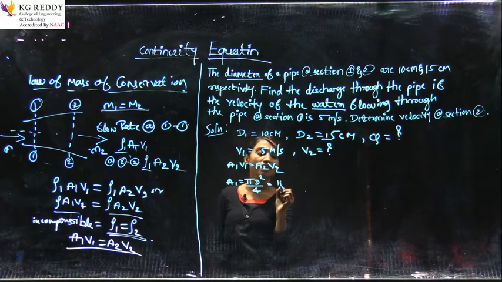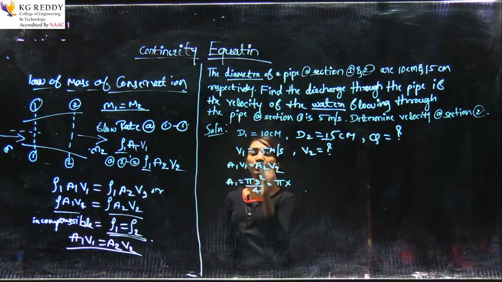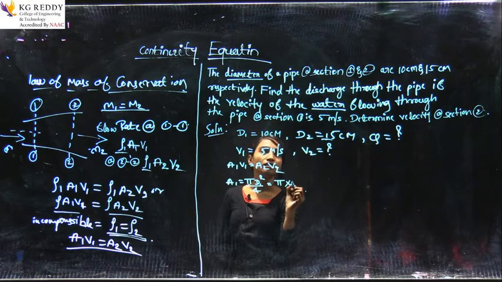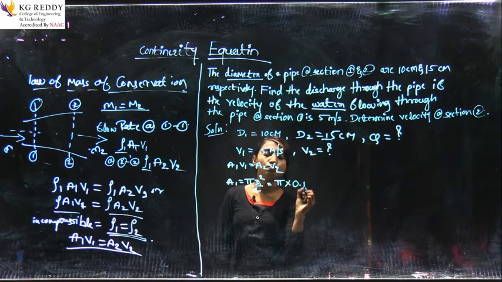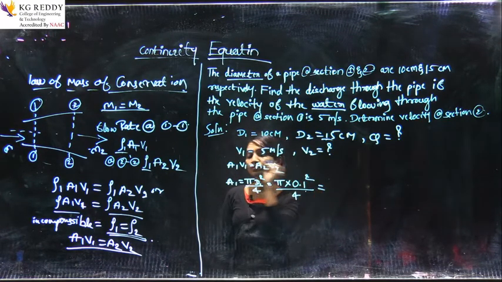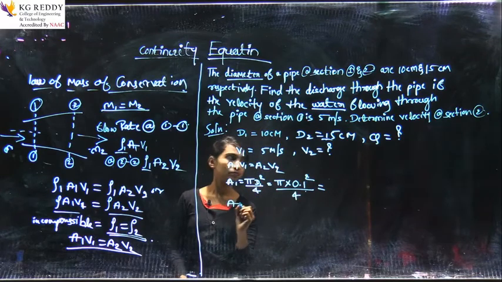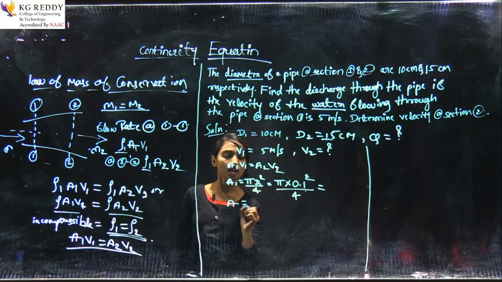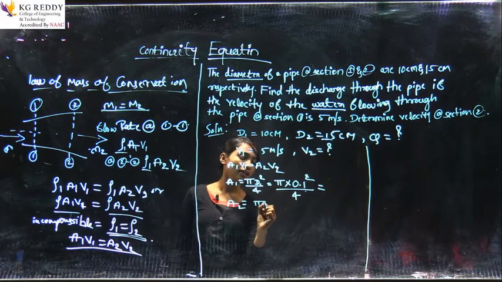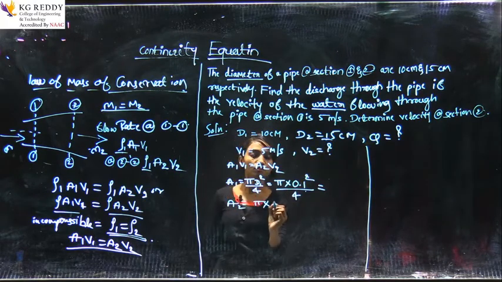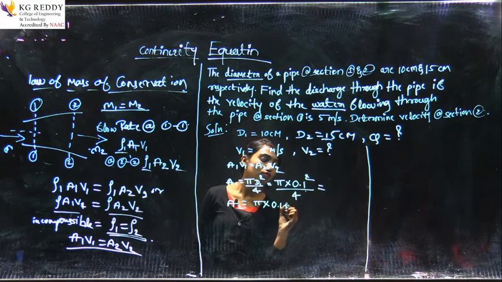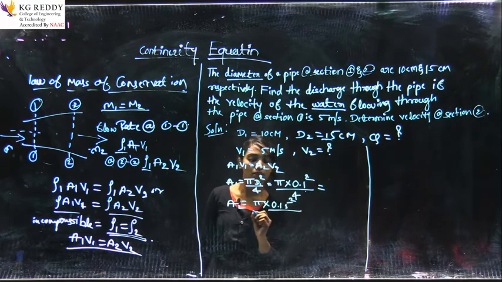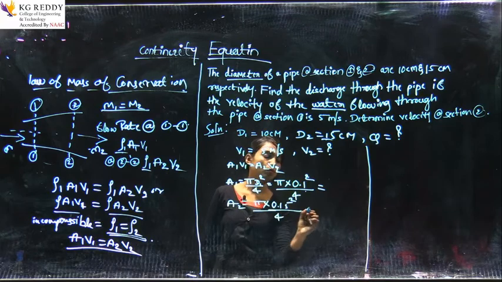So pi as it is into d1, that is 10 centimeters, in terms of meters is 0.1, square, divided by 4. And A2 is also the same, pi d square, that is 0.15 square divided by 4.